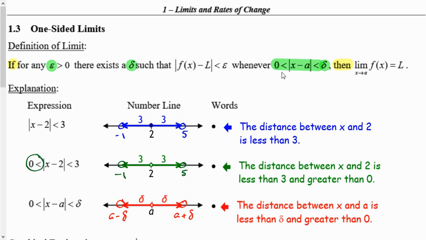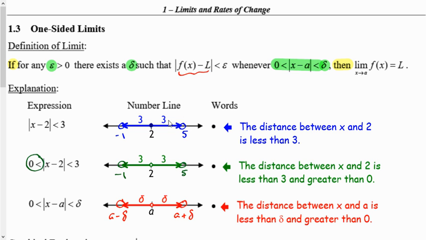So let's come back to our definition. If for any epsilon, so I can choose an epsilon so that the distance between the function and some number is less than epsilon. That's like this first number. The distance between the function and some number, so 2 would be the number, the function would be on either side of this.